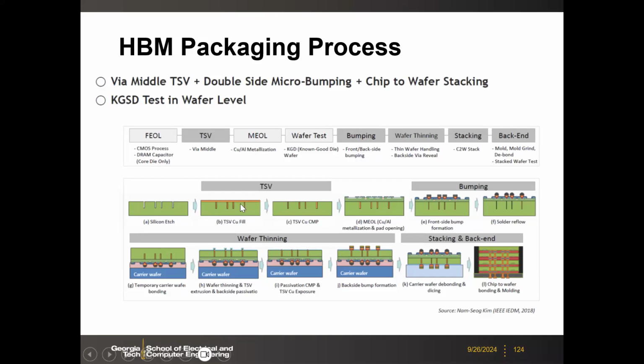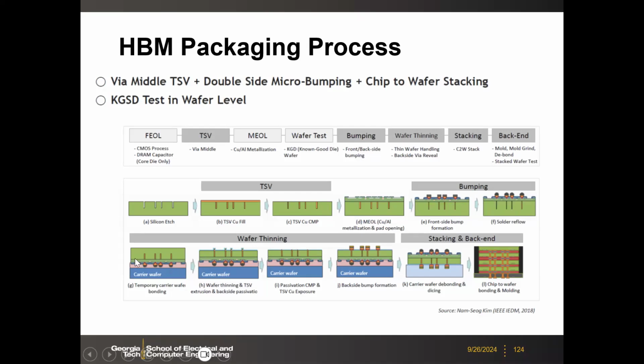This is to make the TSV, okay? And then remove the copper and planarize the surface. And then you finish the back-end of line processing, the interconnects. And then you get the bumps, those micro bumps, pad region. And then some solder reflow for the bump.